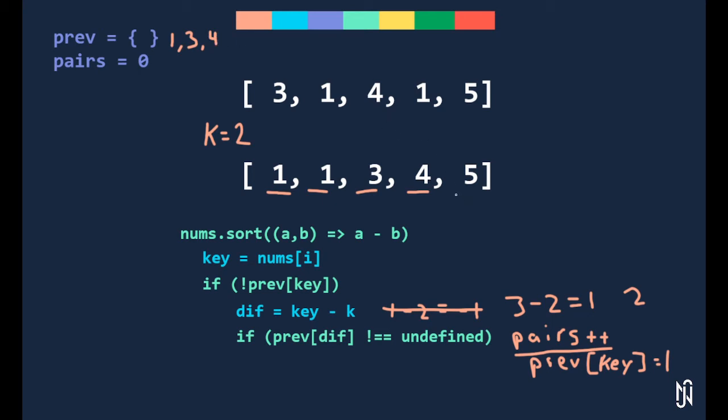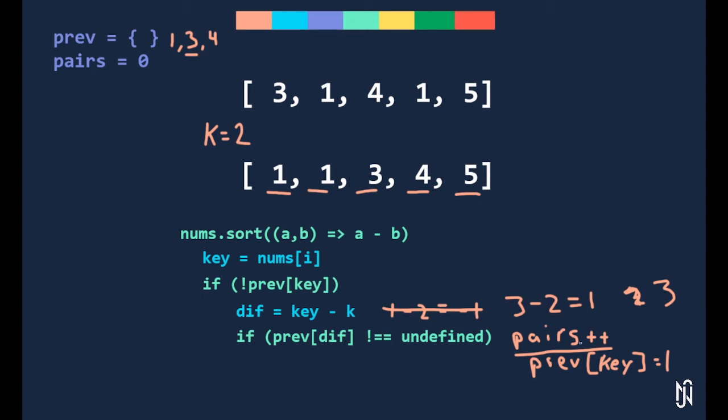And then on the last index of the array, we have 5. And our key will be 5. We're going to check if 5 is inside the previous object. We're going to set difference to 5 minus 2, which in this case is equal to 3. We're going to check if 3 is inside the previous object, which it is right here.